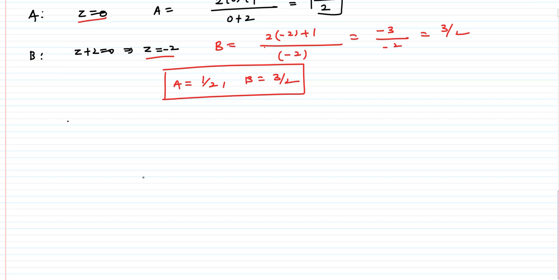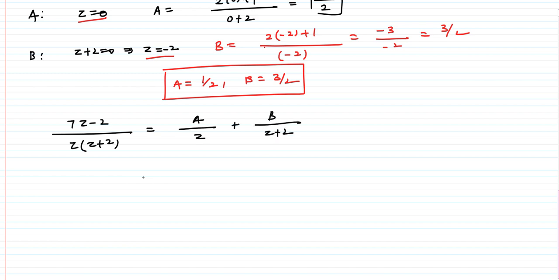So now here (7z - 2)/(z (z + 2)) can be written as A/z + B/(z + 2). So for finding the value of A, we need to put z = 0, and for finding the value of B, we need to put z + 2 = 0, so from here we get z = -2.